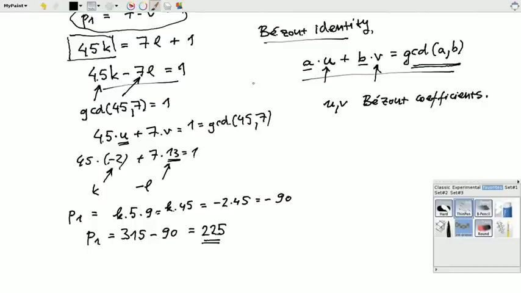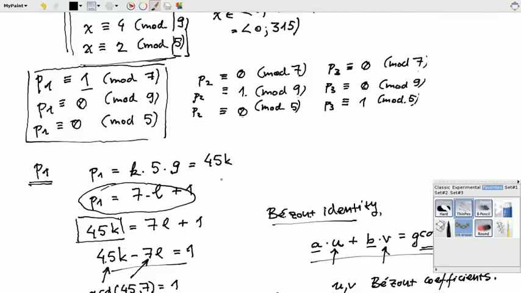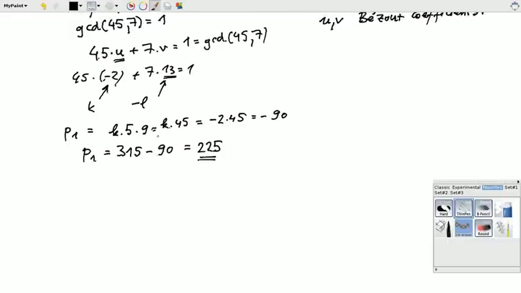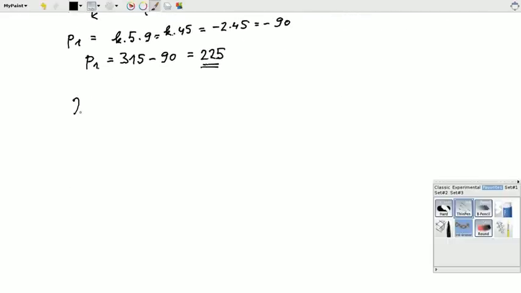So now I'm going to check that I finally got the P1 I wanted. I wanted P1 to be 0 modulo 9, 0 modulo 5 and 1 modulo 7. Okay, so 225, as you can see, is congruent with 0 modulo 5. That should be apparent. 225 is equal to 5 times 45.